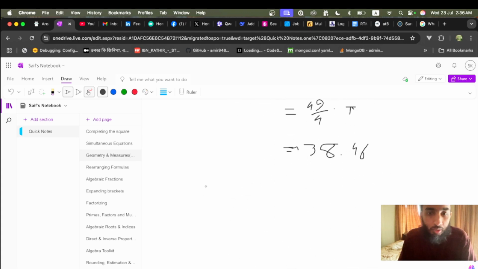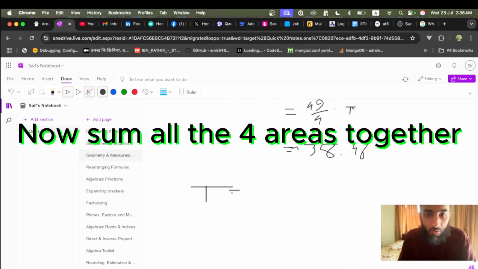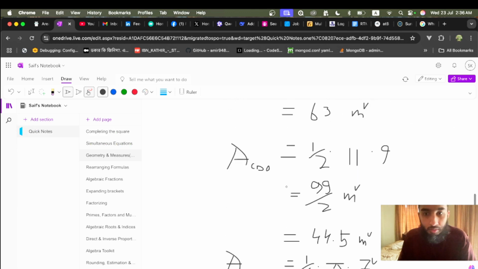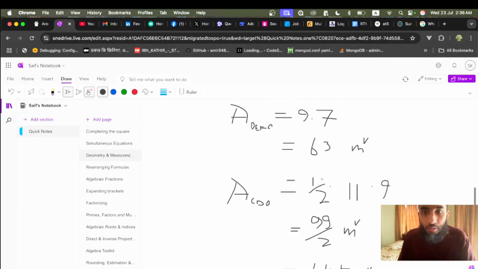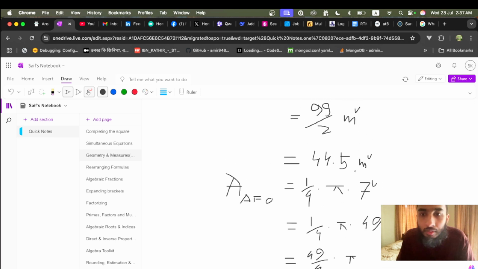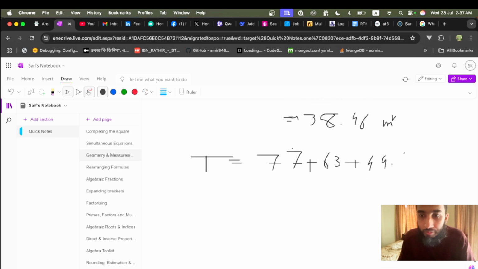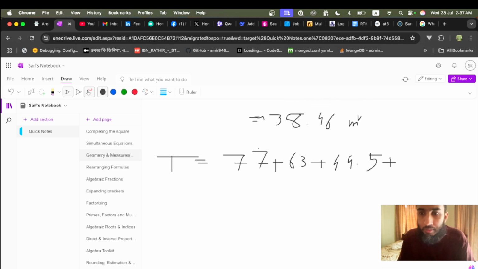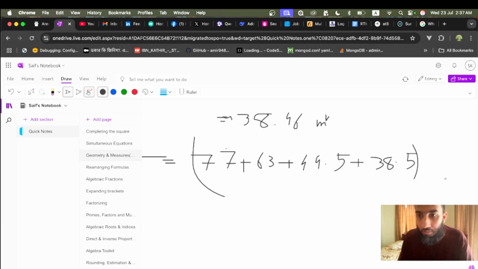So what is the total? Let's say the total is T. The total should be the addition of all of these, which is also meter square. So if we add all of them, 77 plus 63 plus 44.5 plus approximately 38.5, with the whole thing in meter square.